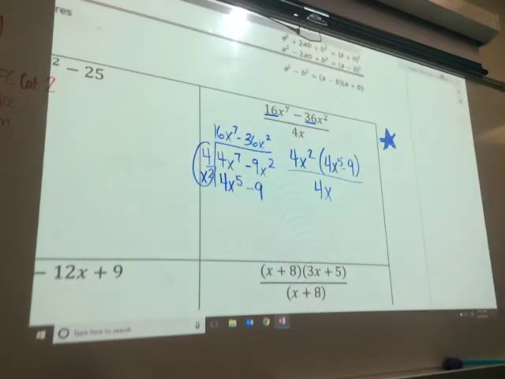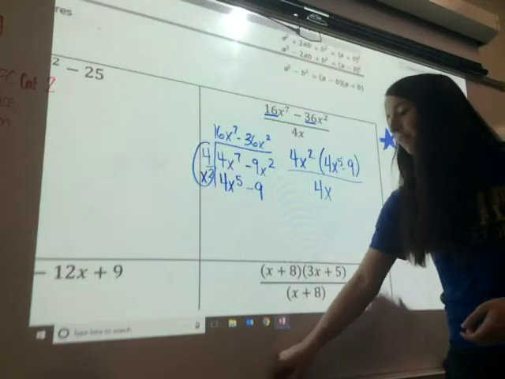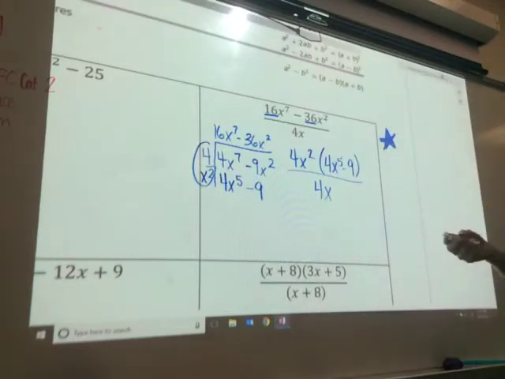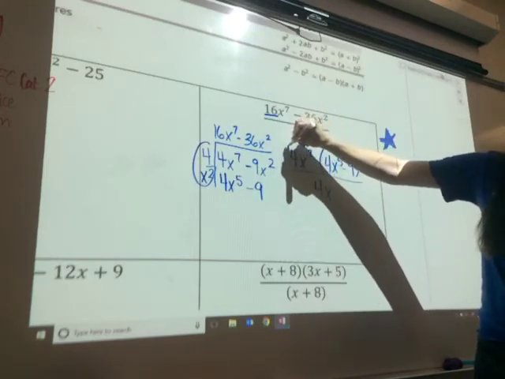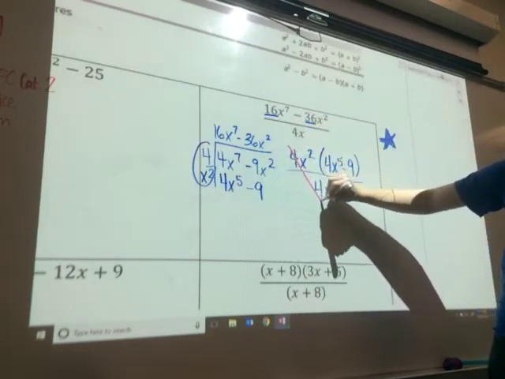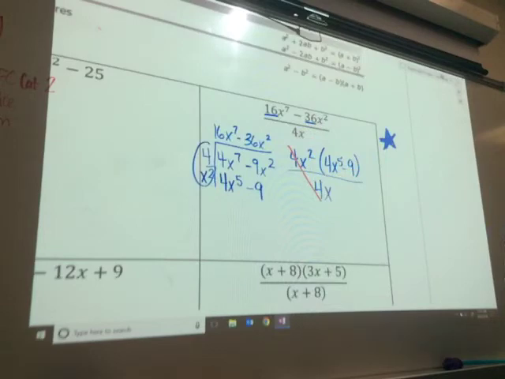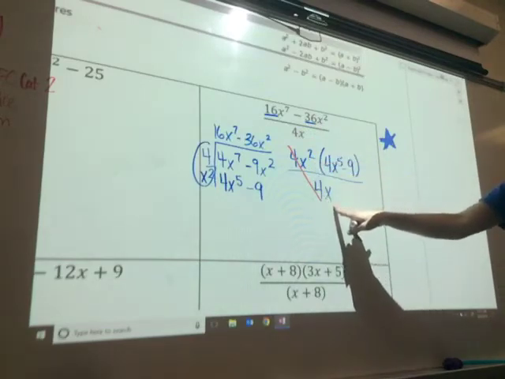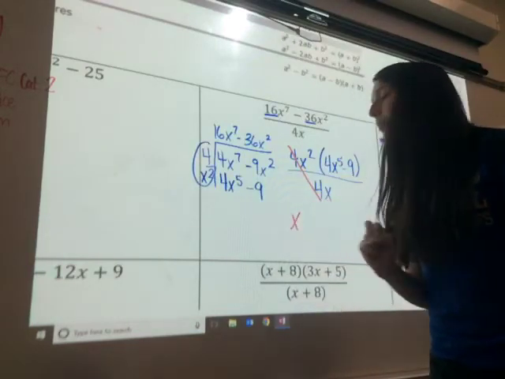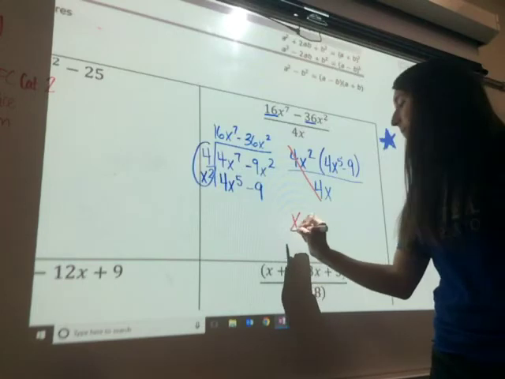Would you agree? So let's see if we can simplify anything else. What can our 4s do? We're dividing, so they actually what? They cancel. X squared minus x leaves me with what? X. On top or bottom? On top.